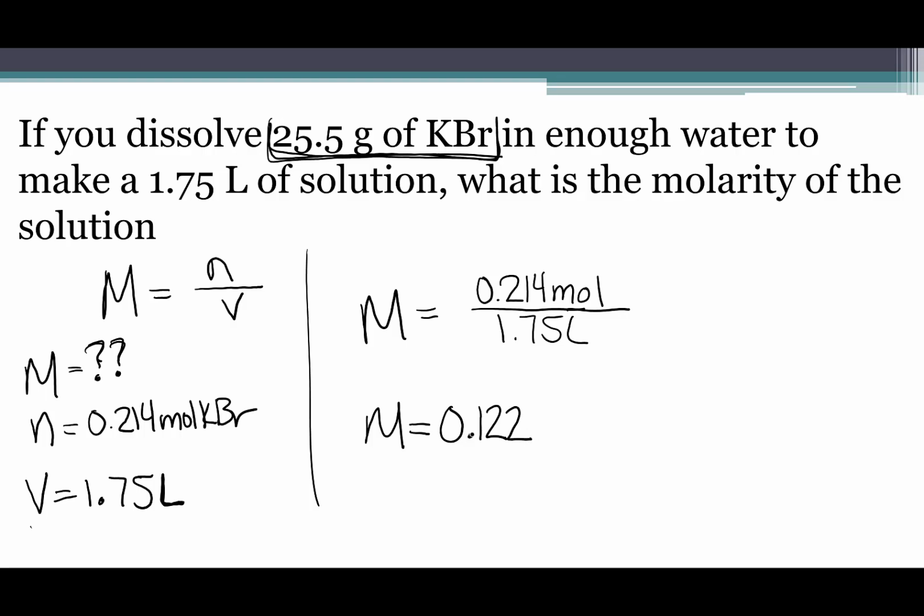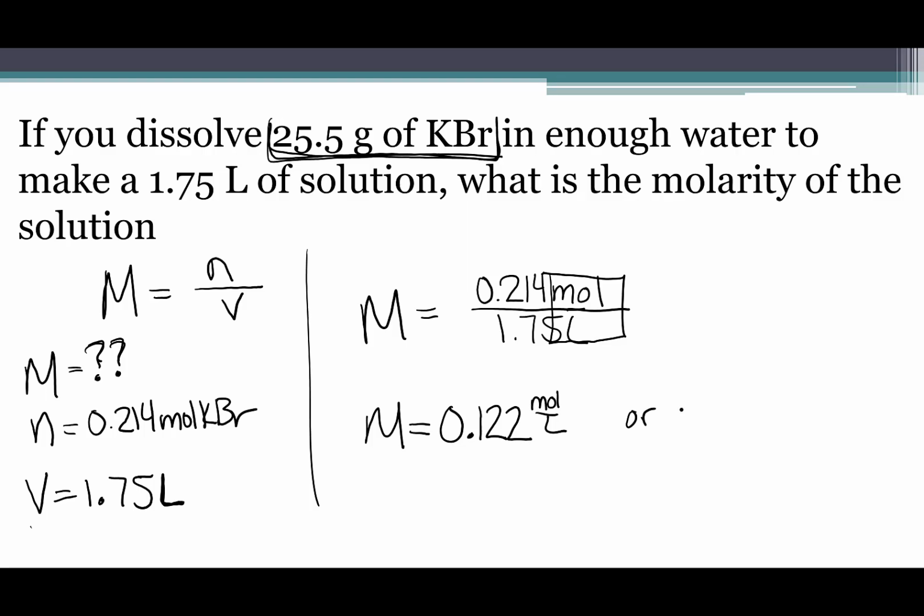And we get 0.122. Now we have to think about the units for molarity. We could just hold on to the units that we put into our equation, so nothing canceled. So we would just bring moles per liter down. So that would be a 100% acceptable answer. So 0.122 moles per liter. That would be one way.